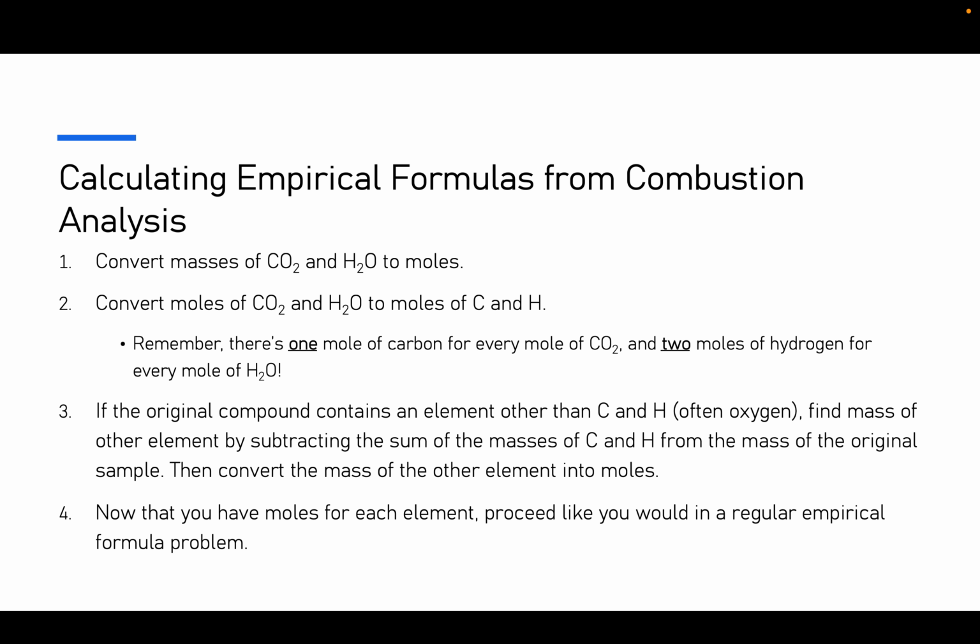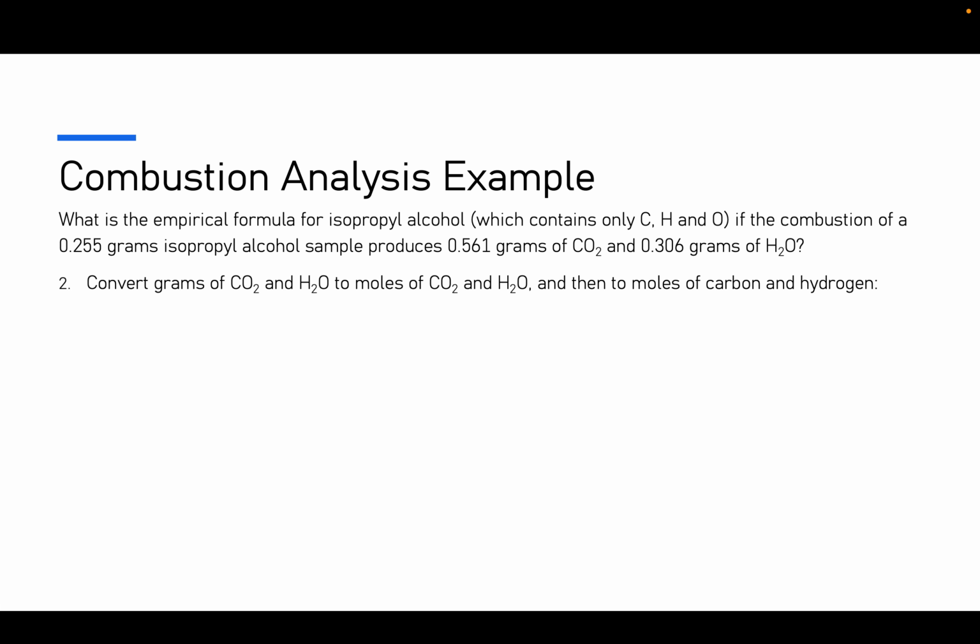If that sounds like what, don't worry. We're going to do an example and you'll see what I mean. It's simple. Once you have that mass for that other element, like for example, oxygen, you turn that mass into moles, and then you have moles of everybody, and then you just go on like you would with the other regular problems.